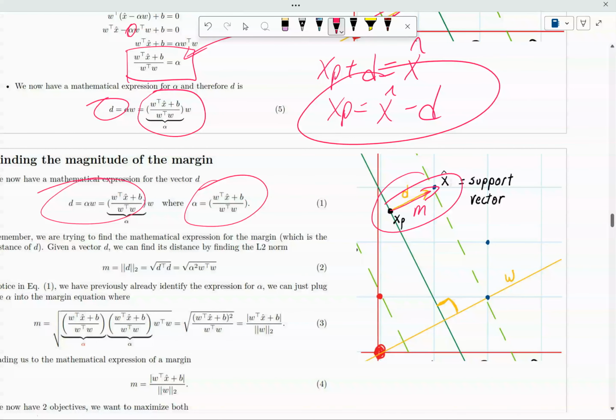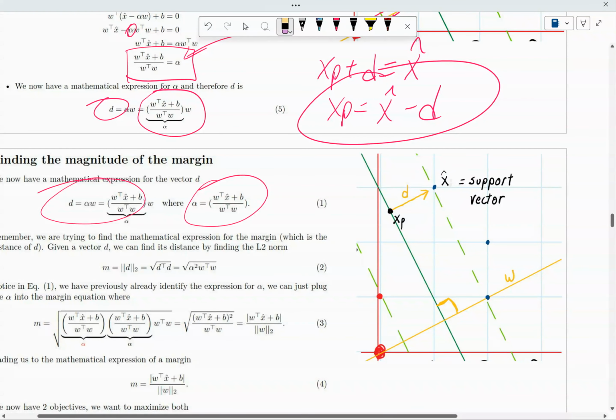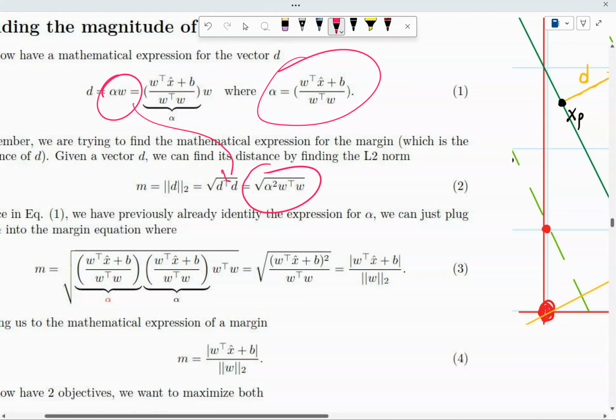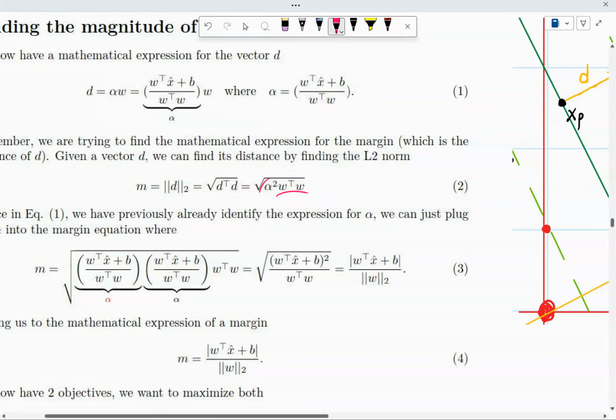Well, it's the L2 norm. The L2 norm is the square root of d transpose d. We know what d is, which is this expression, so we plug that into d and d, and now we end up with this. We plug alpha in: here's alpha squared, and notice how w got copied here and alpha squared got copied here.